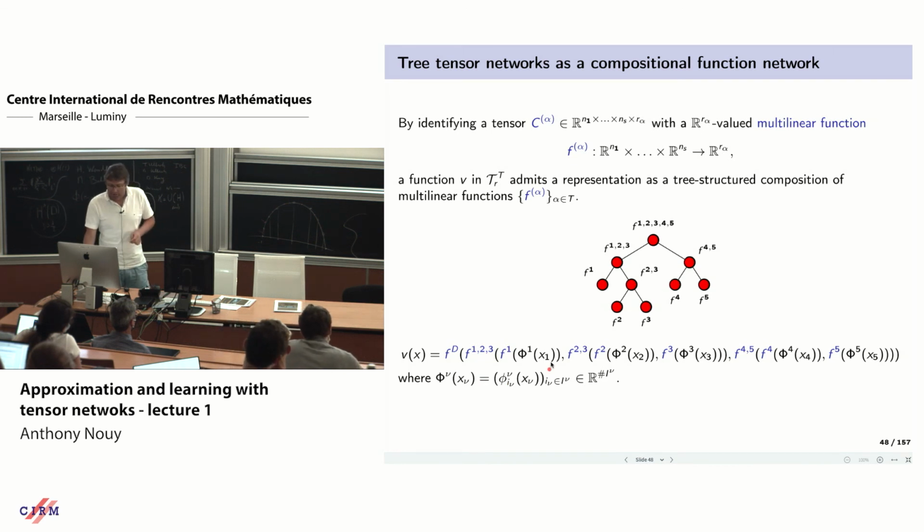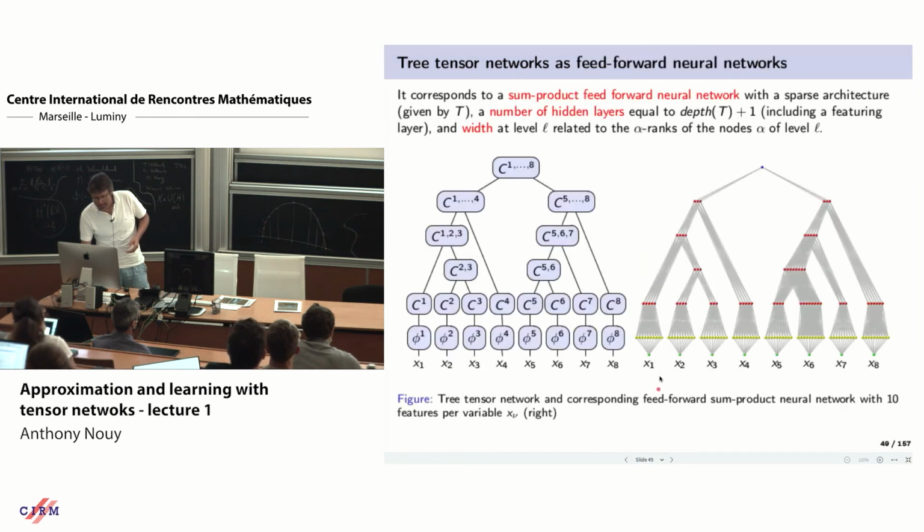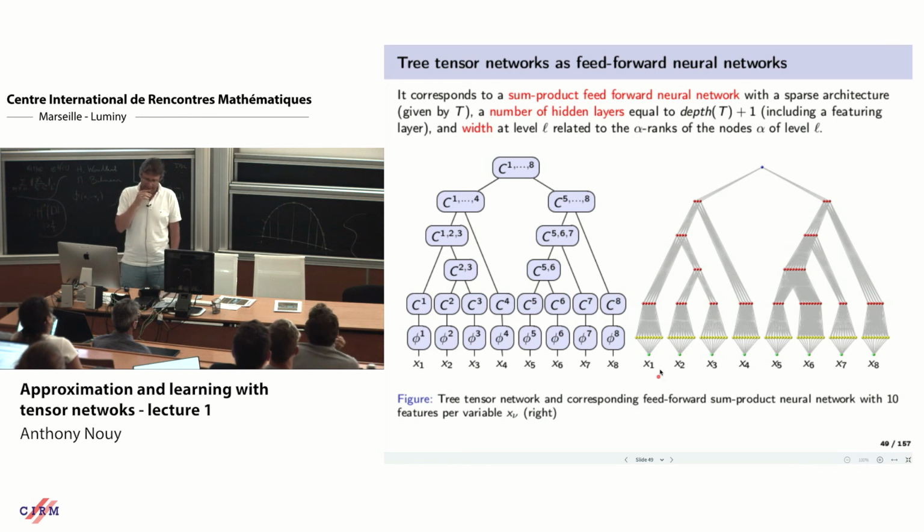So, okay, you can call a tree tensor network a compositional function network where all functions that you composed are multilinear applications. Vector valued multilinear applications. Okay, so now if you will see another course this week introducing neural networks, you are probably familiar with these neural networks that are compositions of nonlinear functions, very specific ones.